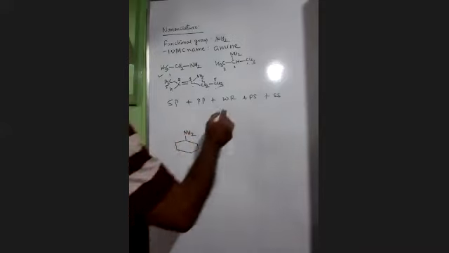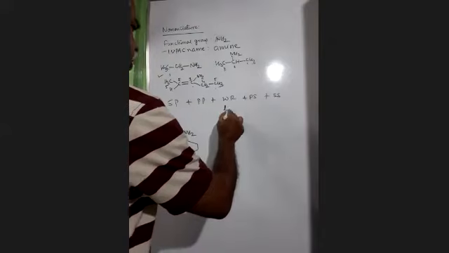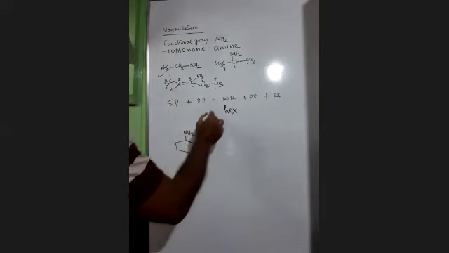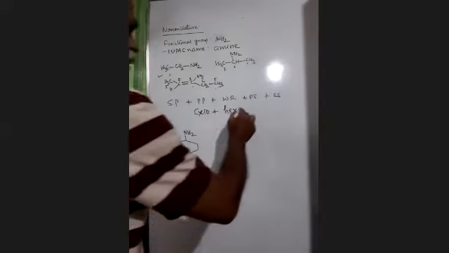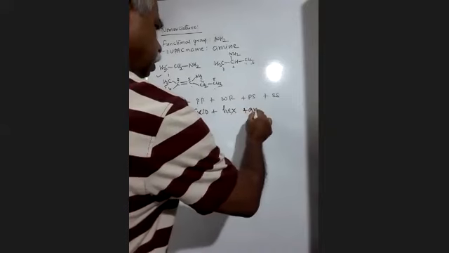Now let's go for this. See here. How many carbons in the chain? 6. This is cyclic, so you have to write cyclo here. It does not contain any double bond, so ane.